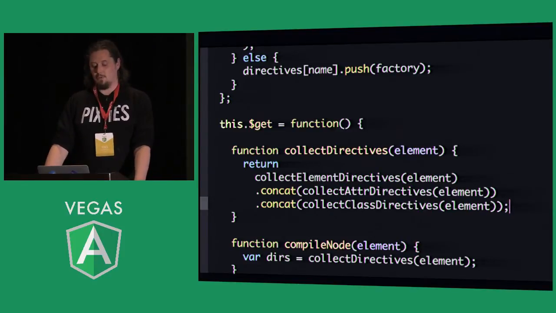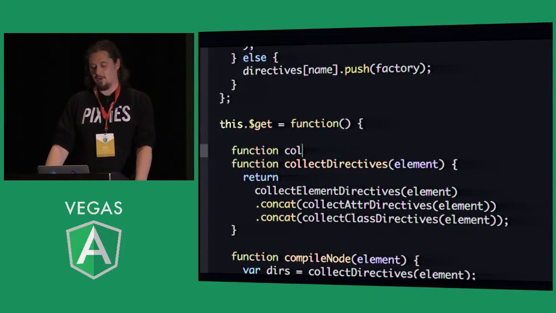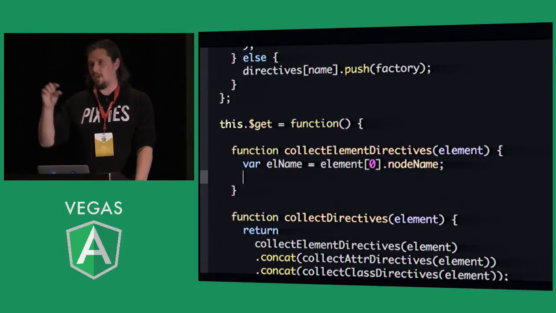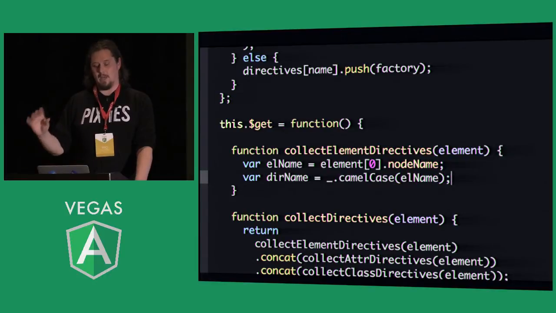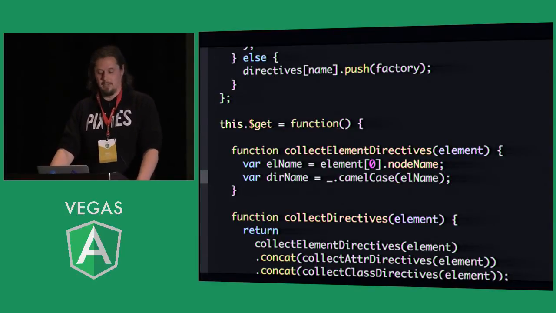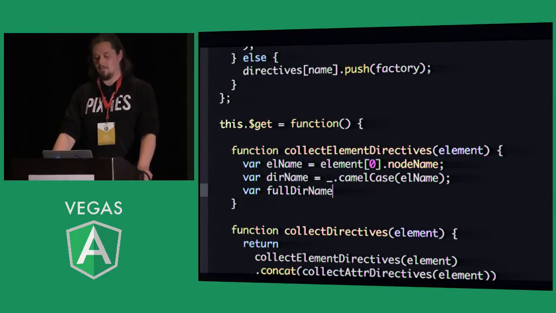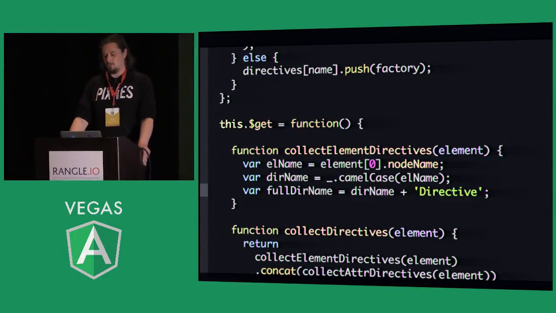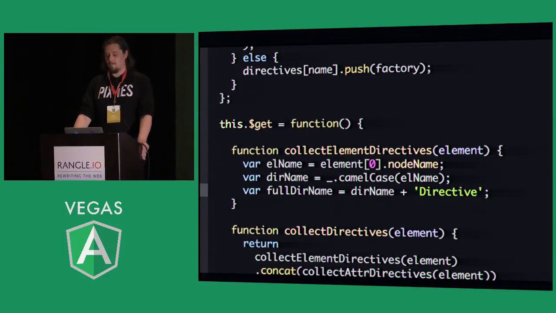And how we actually do that is with these three helper functions. First of all, to match directives to an element by its tag name, we first figure out what its tag name is. We can get it from the DOM using the nodeName standard attribute. That's going to give us an uppercase hyphen separated string. Our directive names are camel case, so we can use Lodash to produce a normalized camel cased version of that element name. And then we still form this kind of full directive name with the suffix, because that's what we used with the injector.